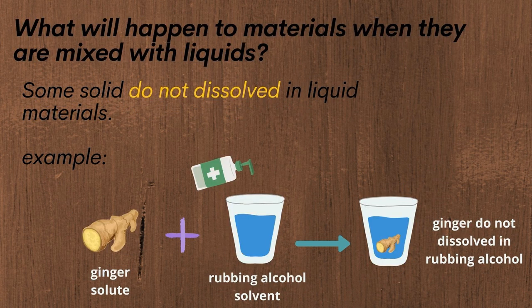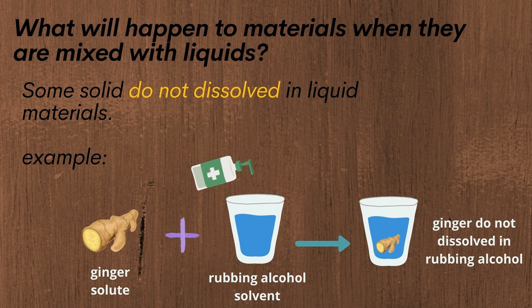Okay, next. Remember, children, that there are some solids that do not dissolve in liquid material. Although kanina may mga solid na na-dissolve sa liquid, meron ding mga solid that will not dissolve in liquid. One example, like in the presentation, or if you perform this at home, kukuha kayo ng ginger, ng luya, and then mix it with rubbing alcohol, that is our liquid solvent.